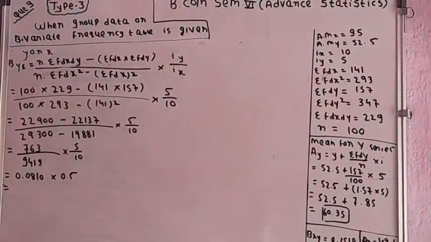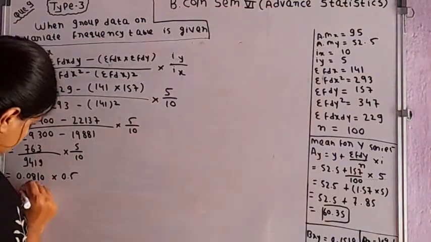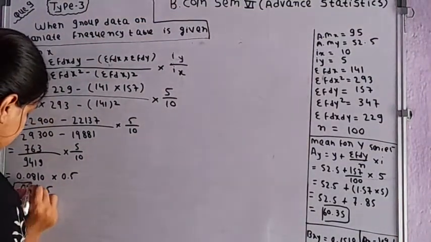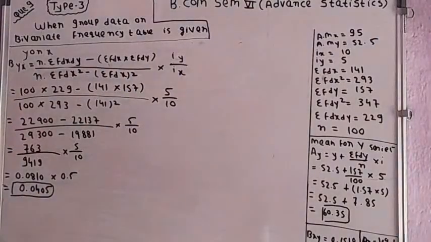So 0.0810 into 0.5 comes to 0.0405. It is byx, that is, the regression coefficient of y on x.